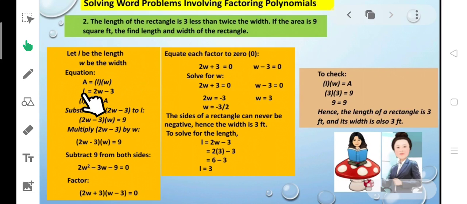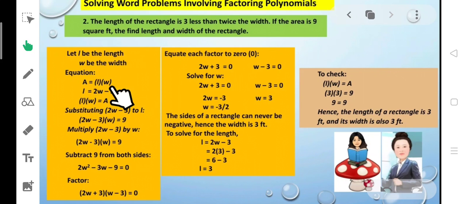Then we're going to make an equation. A, for the area of a rectangle, is equal to length times width, or L times W. According to the problem, our L, or the length of a rectangle, is twice the width minus 3. So 2W minus 3.